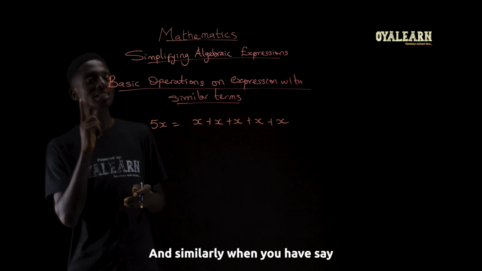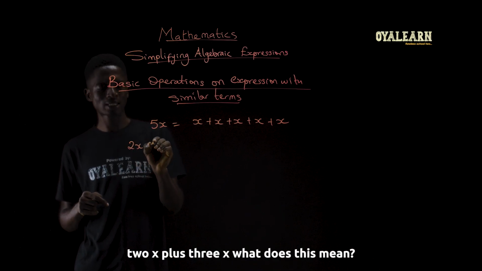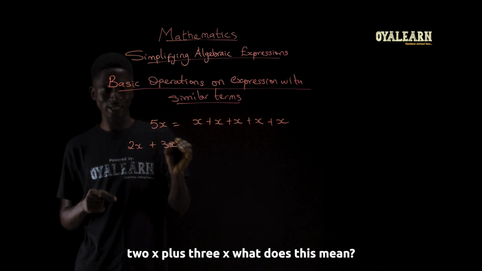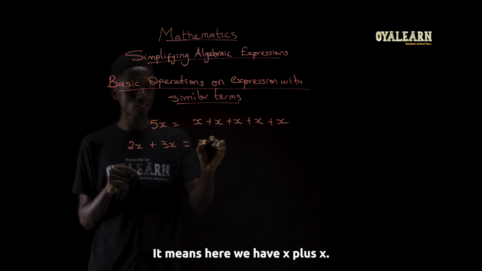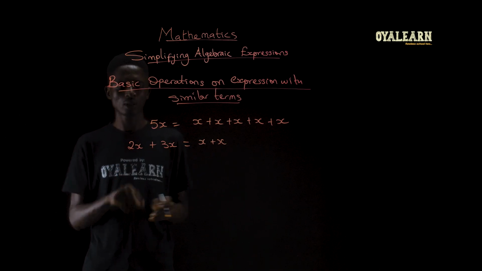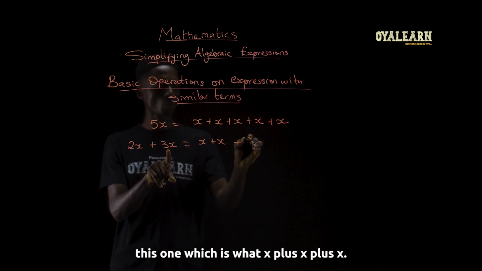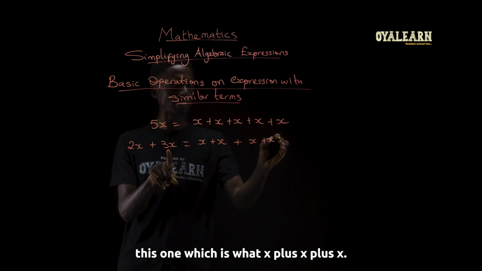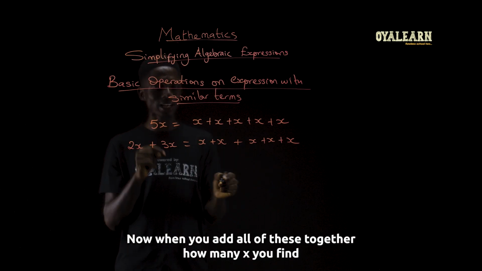Okay? And similarly, when you have, say, 2x plus 3x, what does this mean? It means here we have x plus x. Now, we add that to this one, which is what? X plus x plus x. Now, when you add all of this together, how many x do you find here?